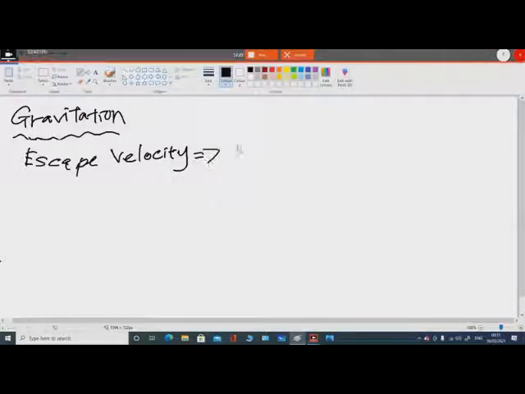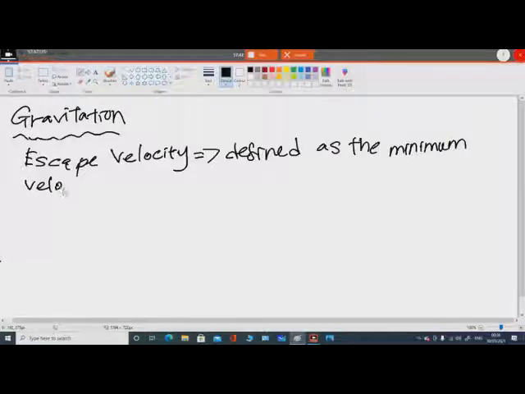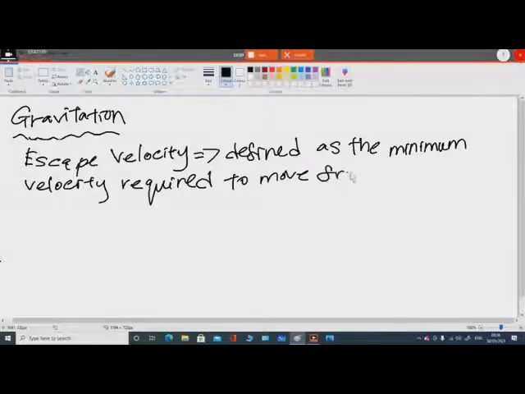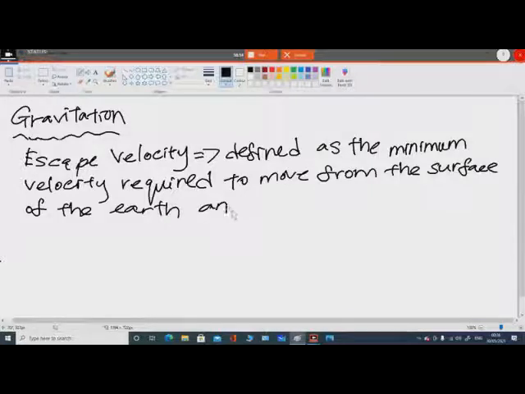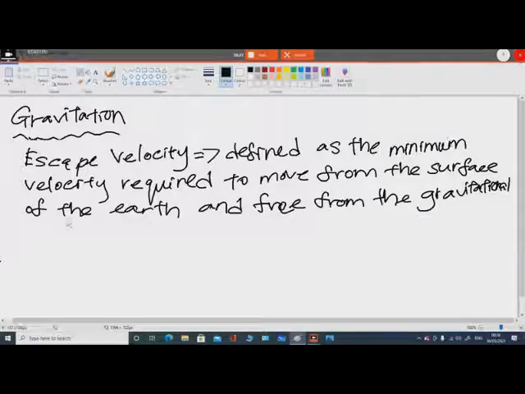Escape velocity is defined as the minimum velocity required to move from the surface of the earth and be free from the gravitational pull. This is how we explain the escape velocity.